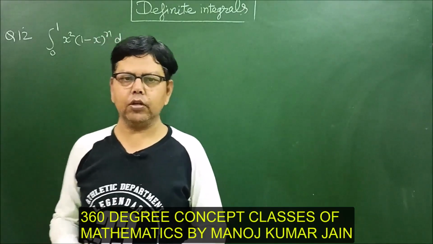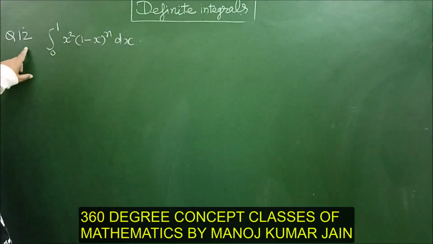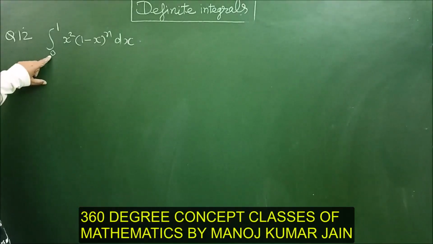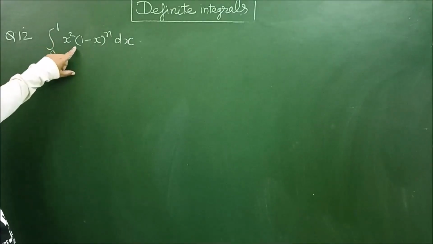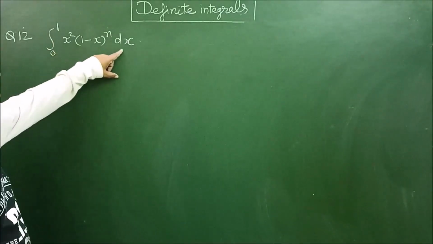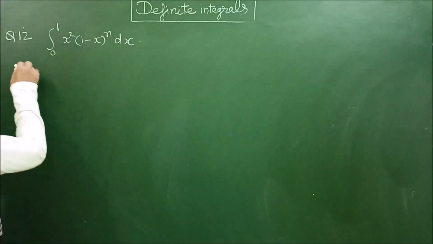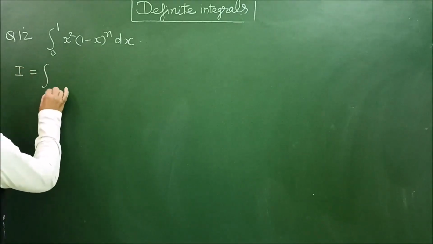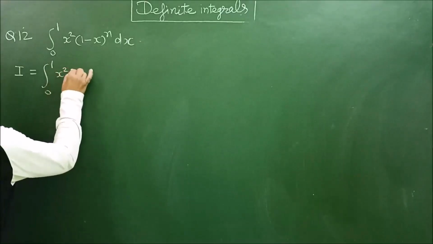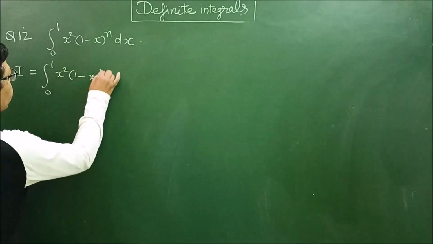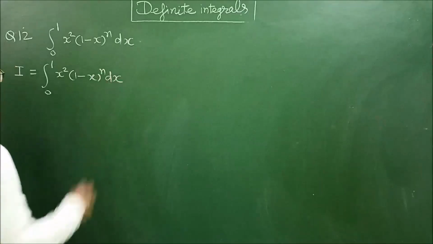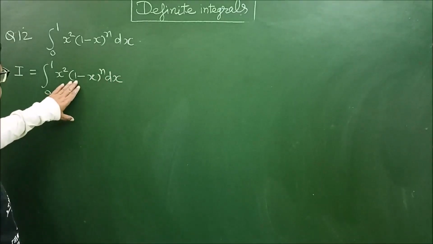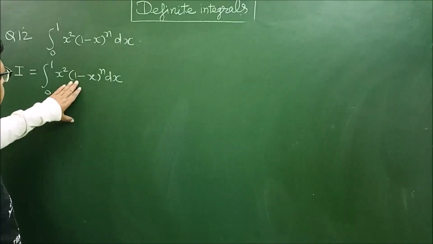Next question, question number 12. Evaluate the definite integral from 0 to 1 of x square times 1 minus x raised to the power n dx. So let this definite integral be equal to I. Now this original integral is in a very complicated form.